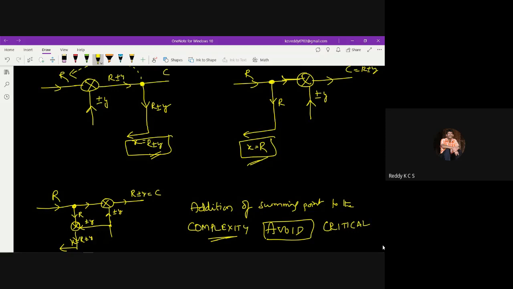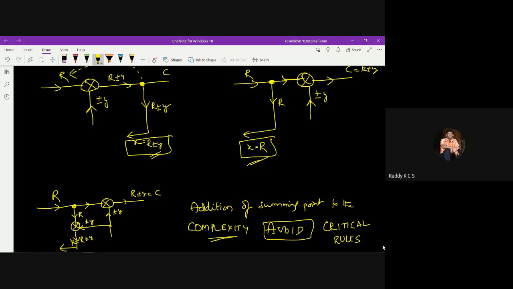What are these two critical rules? One is shifting a takeoff point after the summing point. The second one is shifting a takeoff point before the summing point. So shifting a takeoff point over a summing point, whether towards the right or towards the left, try to avoid as much as possible.